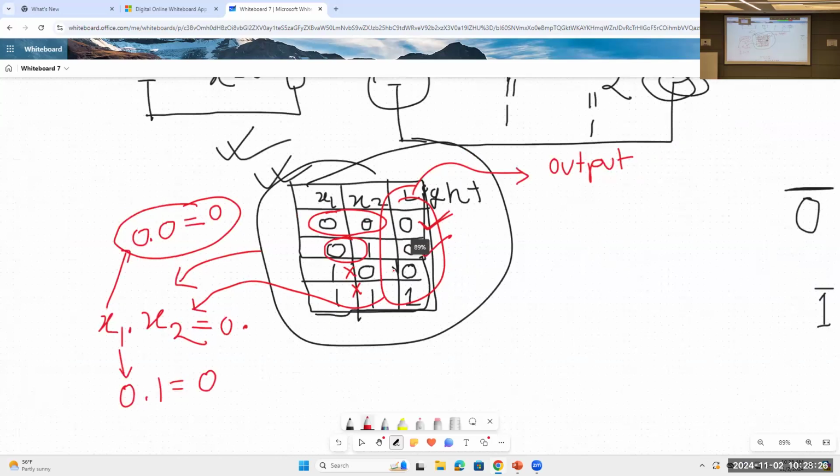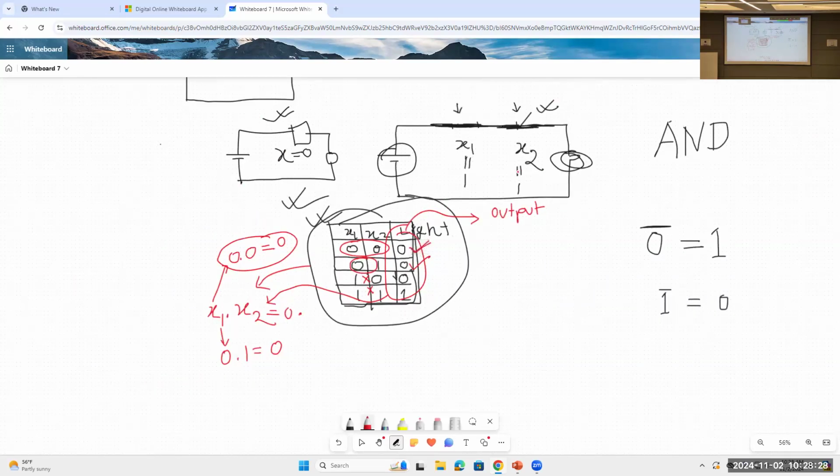So what we have learned from this is that if these two switches are connected in series, then we can represent the output as a multiplication operation. And in logic circuits, we call it the AND operation.